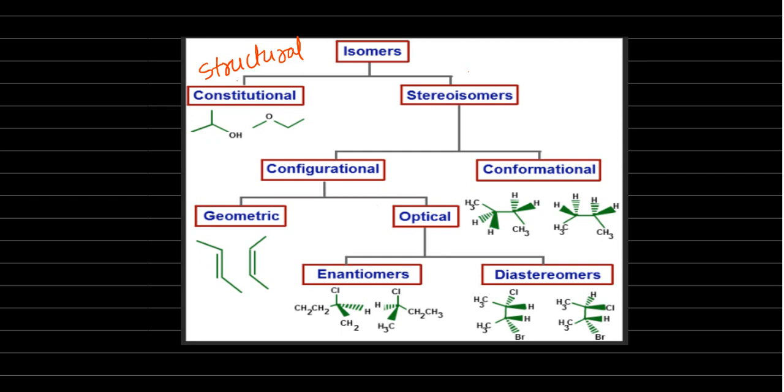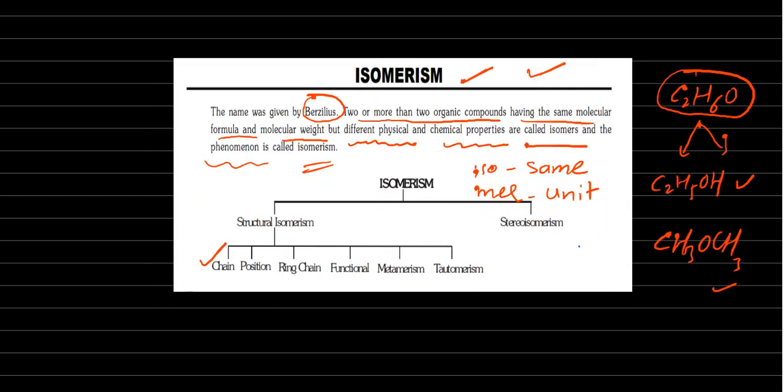In structural isomerism, again you can see the types: chain isomerism, positional isomerism, ring chain, functional group, metamerism, tautomerism. In the last videos we already discussed chain, positional and functional group isomerism. Now extra, we are going to discuss ring chain, metamerism and tautomerism. These three are for competitive exams like JEE and NEET, right? Stereoisomerism is also there.